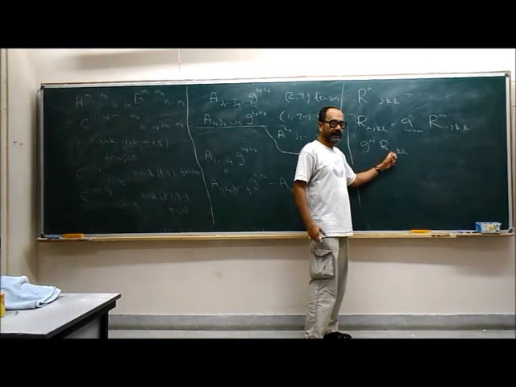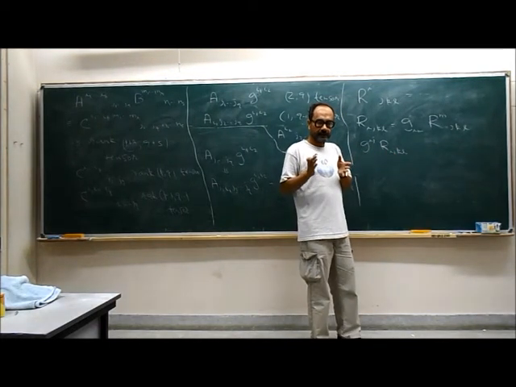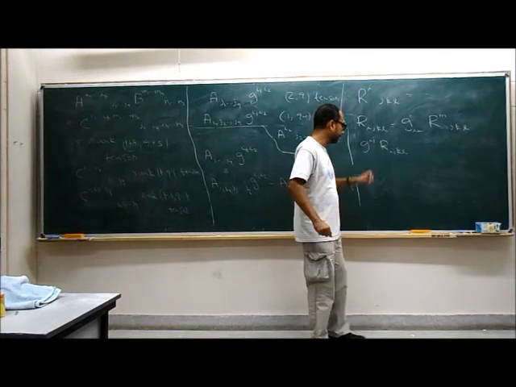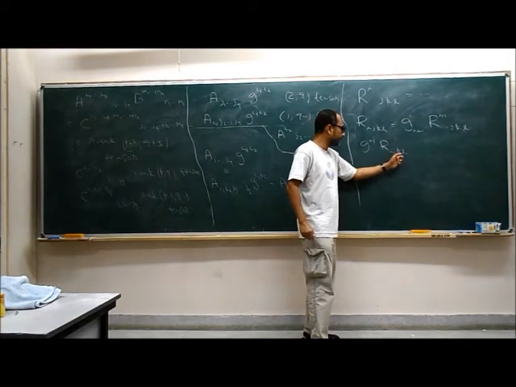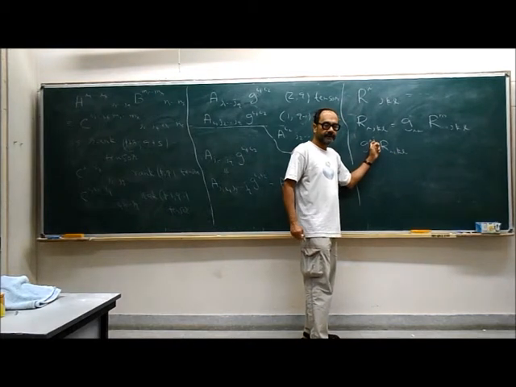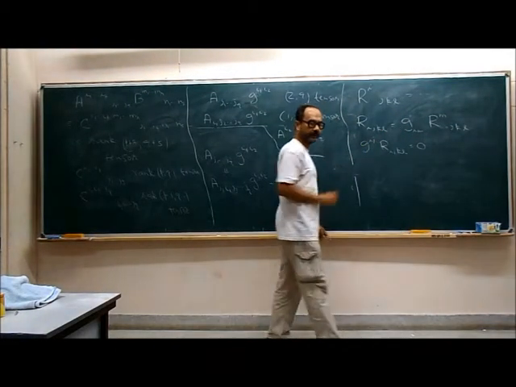You have made two contractions, so it becomes a rank 0-2 tensor. But it is identically zero, because R is antisymmetric in IJ and G is symmetric in IJ, so when you sum over I and J, it gives you zero. It's a trivial tensor because it's zero.